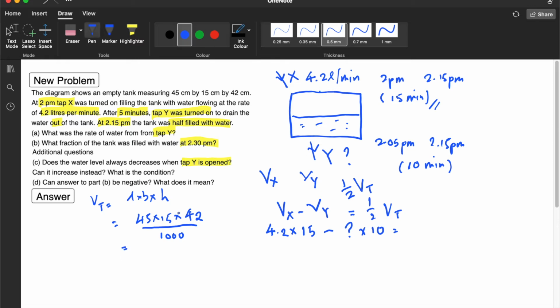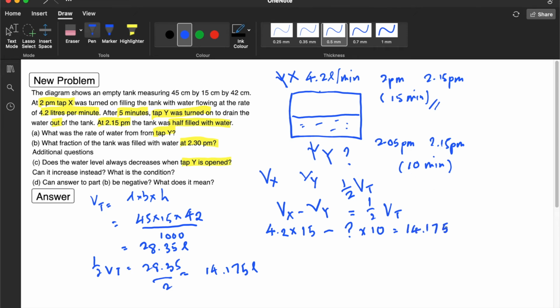Right, so if you were to press your calculator, I believe you're going to get 28.35 liters. Okay, but that is the full tank. We are interested in half of that. So half of Vt will be 28.35 divided by 2. That will give us 14.175 liters.